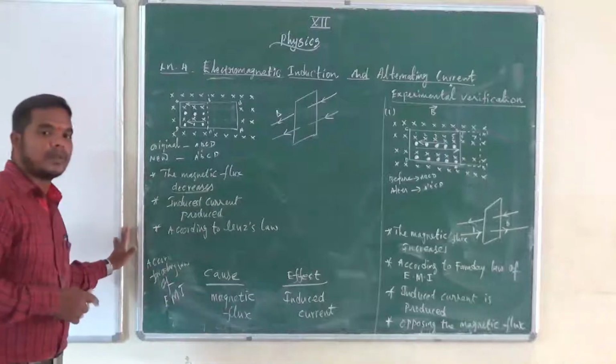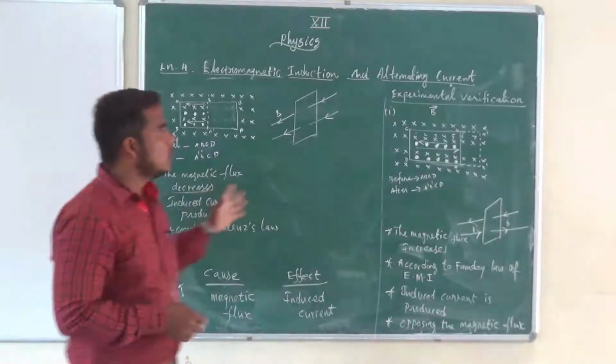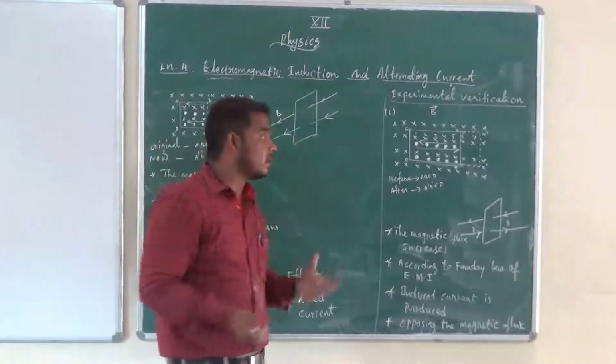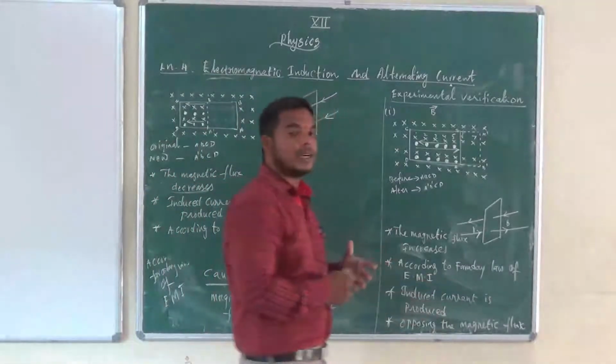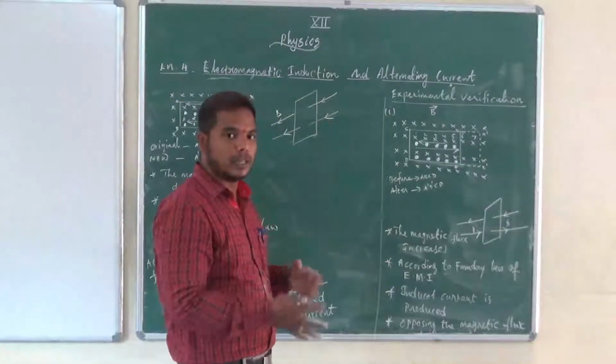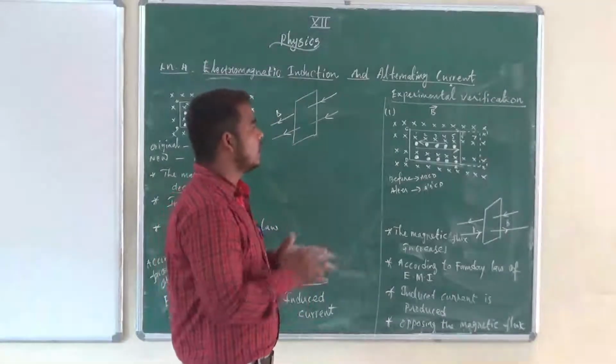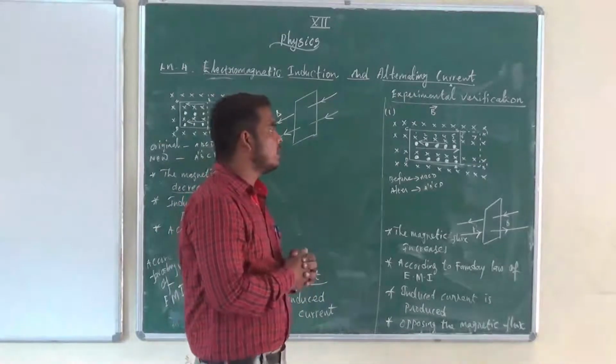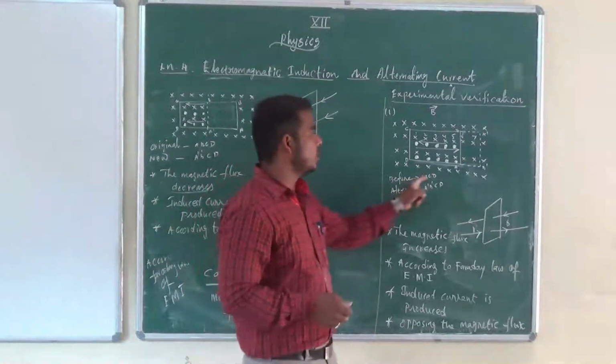So for Lenz's law, we have mainly discussed two experimental verifications. In the first, we took a uniform magnetic field perpendicular to the plane of the paper. In that field, we keep a rectangular loop, whose initial area is ABCD.